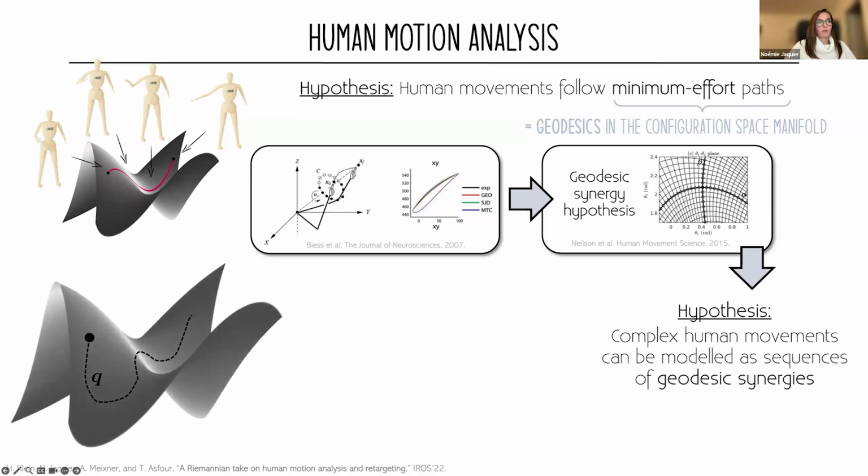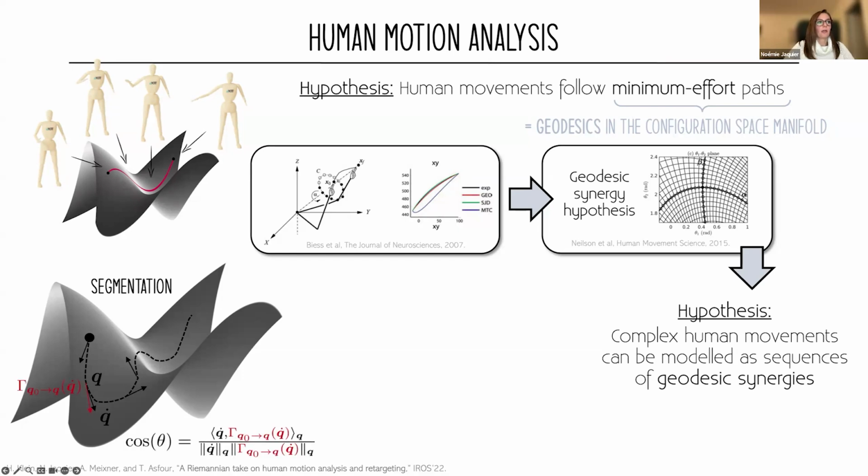To validate this hypothesis, we needed two steps. First of all, given a ground truth human motion, so a motion that we measured, we wanted to segment this motion into several geodesics, so several chunks of shortest path, if you can say it like that. To do so, we developed this segmentation algorithm, where we use the fact that along a geodesic, the velocity is constant.